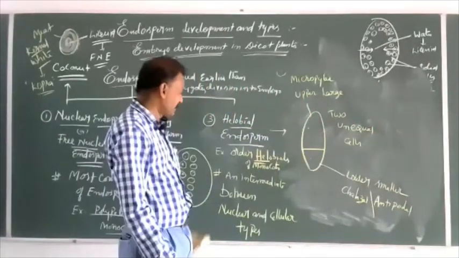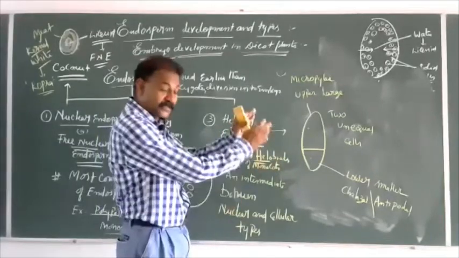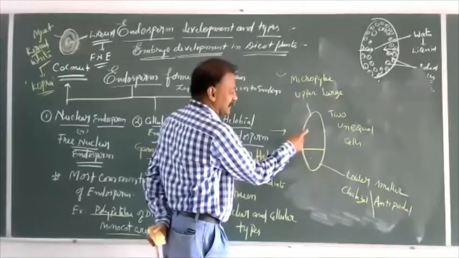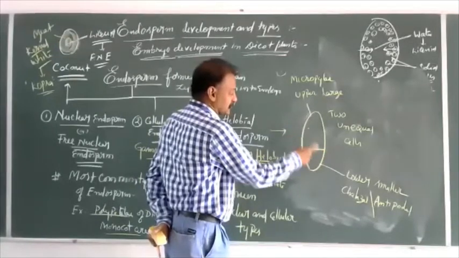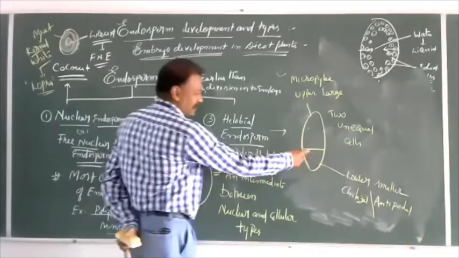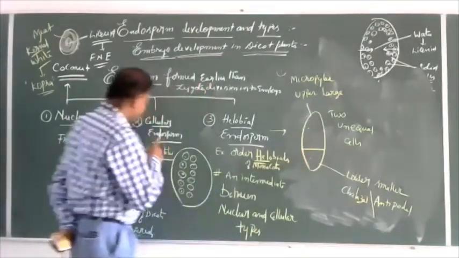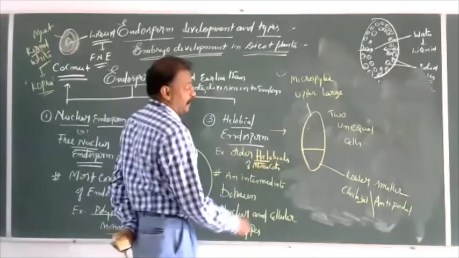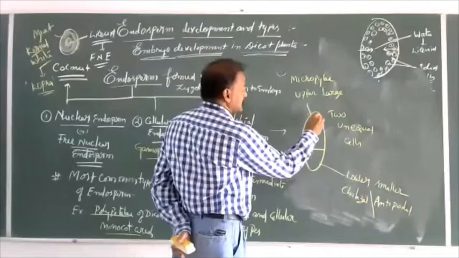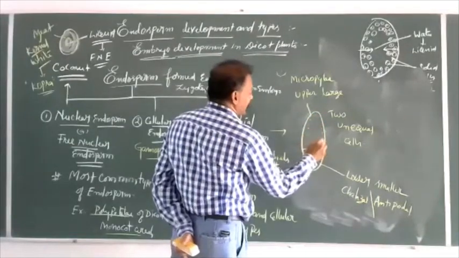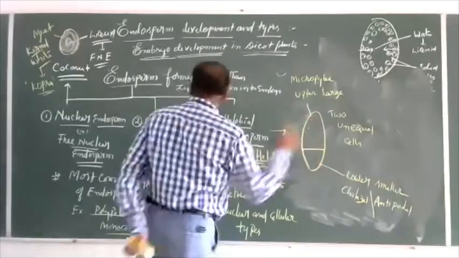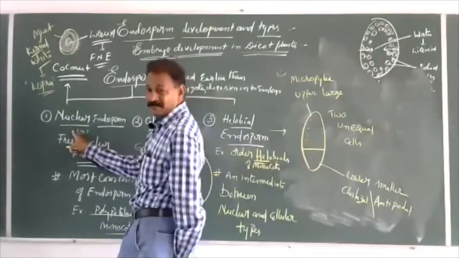So there is unequal division of this endosperm tissue, the cytoplasm. In this, a cell wall is formed between the two cells. It is called the cellular type. It has cellular property. Now, the upper large micropylar cell undergoes so many free nuclear divisions, resembling the nuclear endosperm.